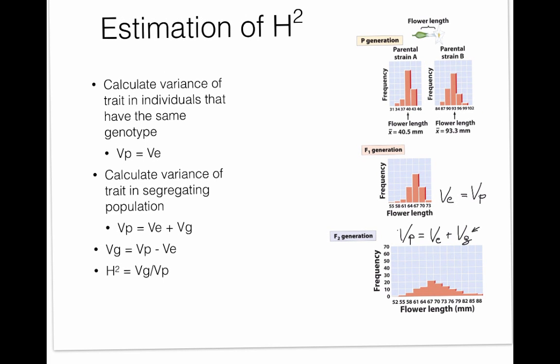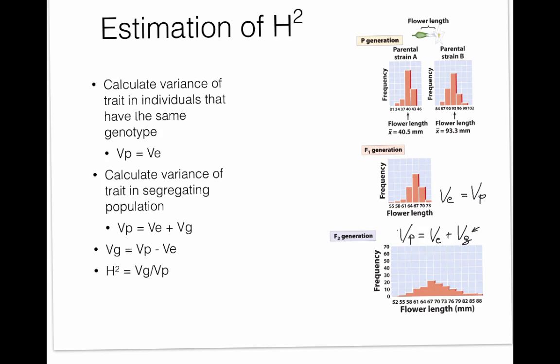We take the total phenotypic variance, we subtract the environmental variance that we have determined using these individuals, and now we can use this genotypic variance to derive the heritability. The total genotypic variance over the total variance is H2, or H squared.